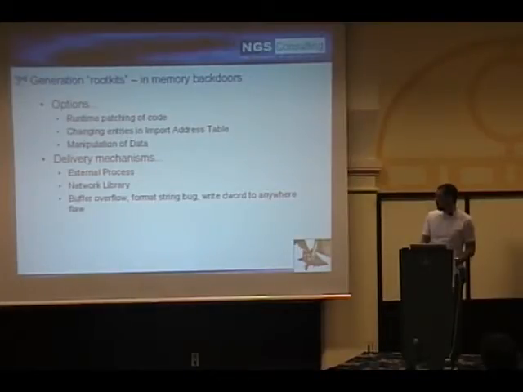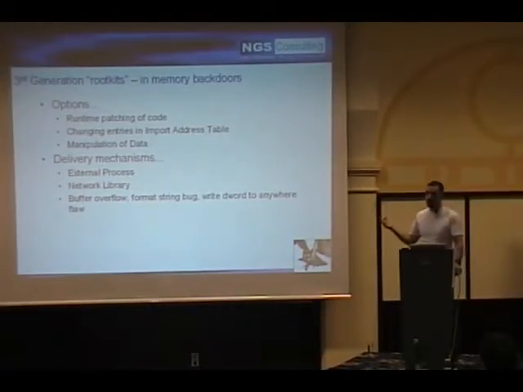So, third generation rootkits. In-memory backdoors, basically, these are the things that Alexander alluded to in his talk last year. So what are our options? Runtime patching of code. Well, Chris Anley did that kind of thing in 2002. So we won't repeat his efforts here, but we'll obviously talk at the end about looking at ways of catching attempts to patch code at runtime.